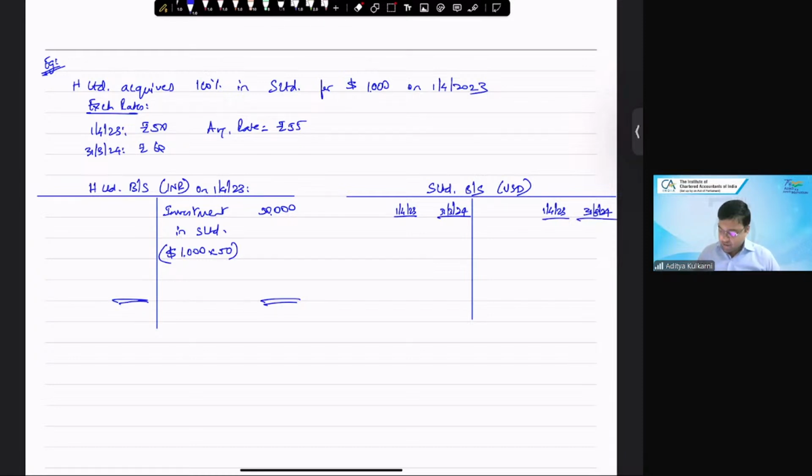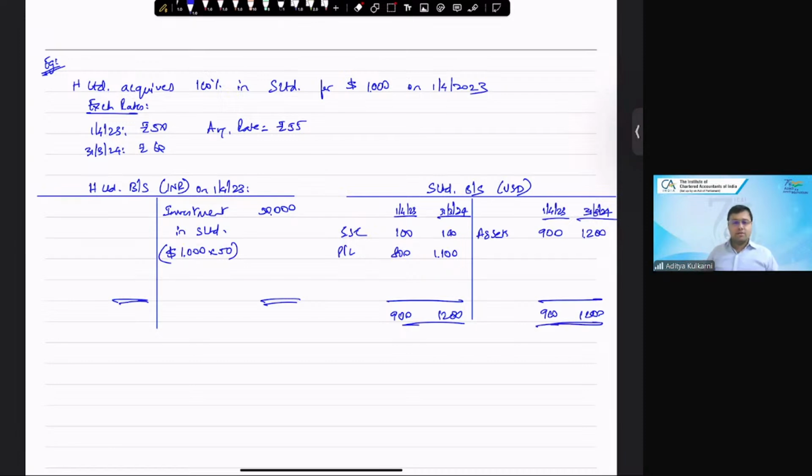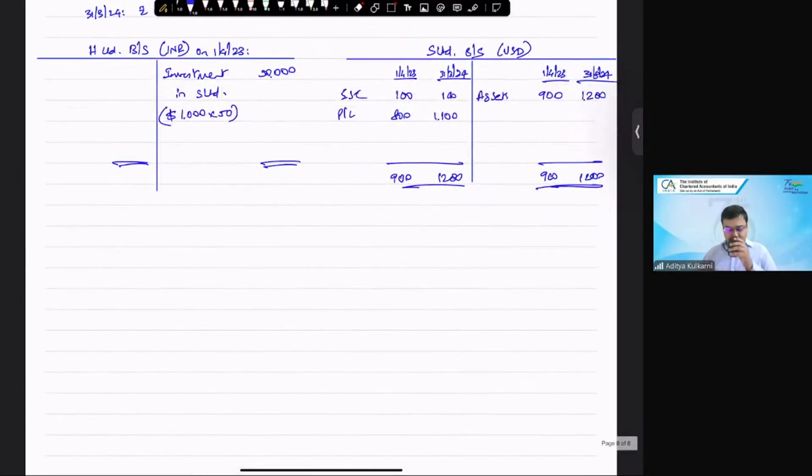Now, suppose I have equity share capital $100, P&L surplus 800, 1,100. Very simple. My whole objective is not to teach you consolidation, but to make you understand the impacts. So this is 900, 1,200. 900 and 1,200. So far, is it okay? Have you understood the case?